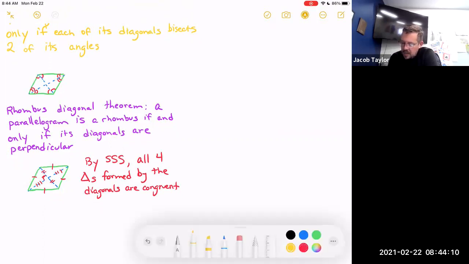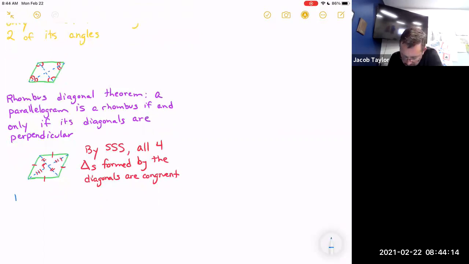So a rhombus has, well, first of all, they are parallelograms. Obviously, four congruent sides.